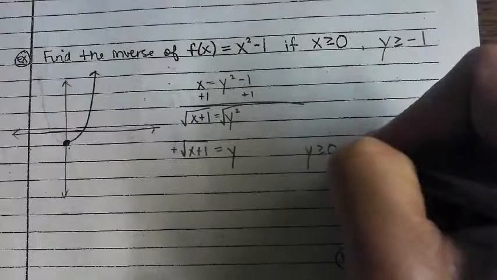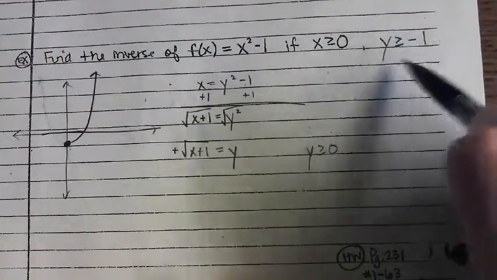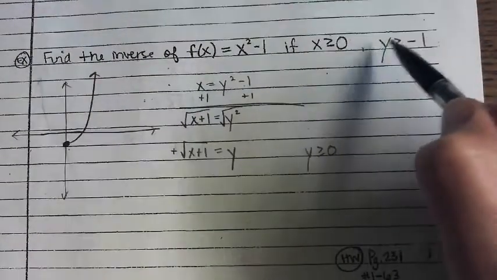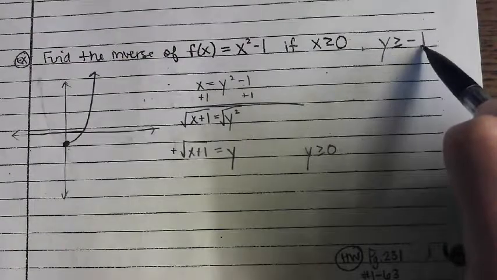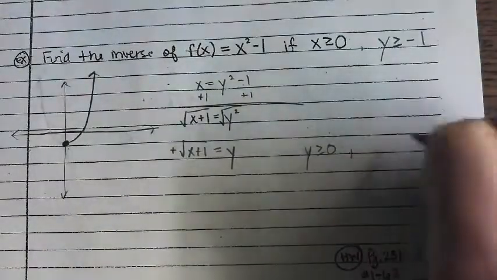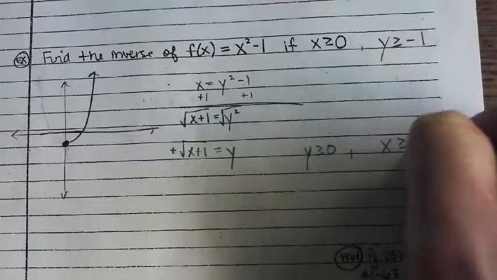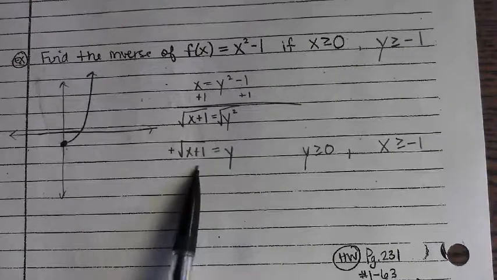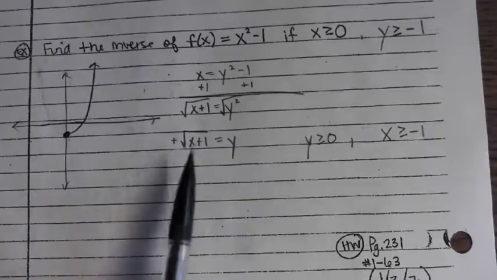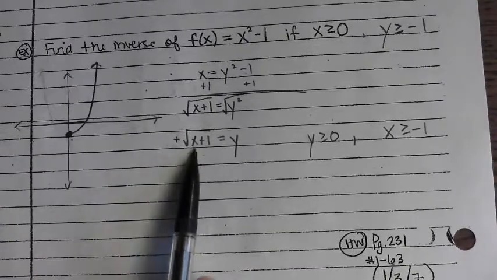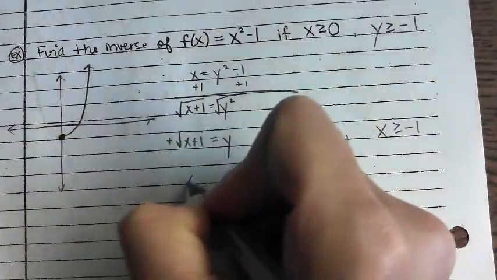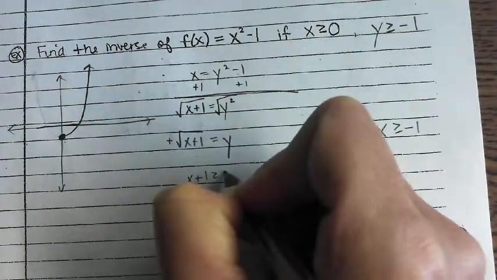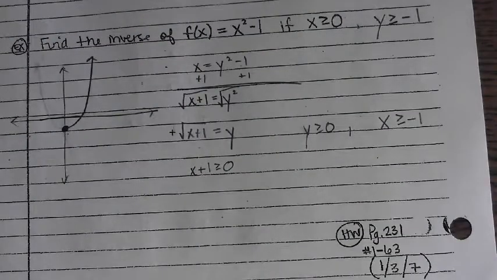And you're going to see why this is the case for two reasons. In the original, y had to be greater than or equal to -1, which means in our inverse function, x has to be greater than or equal to -1. But we would have known that anyway, because when you're taking square roots, you have to take the square root of a non-negative, because it can be 0 too. Non-negative is how we would say that.